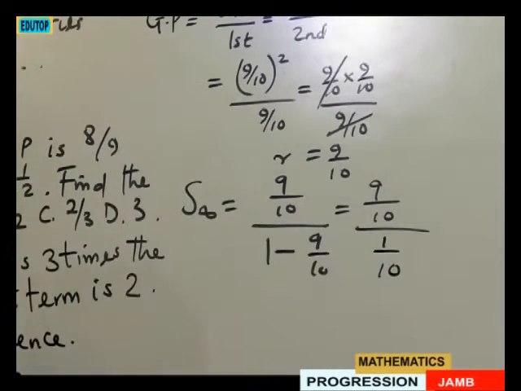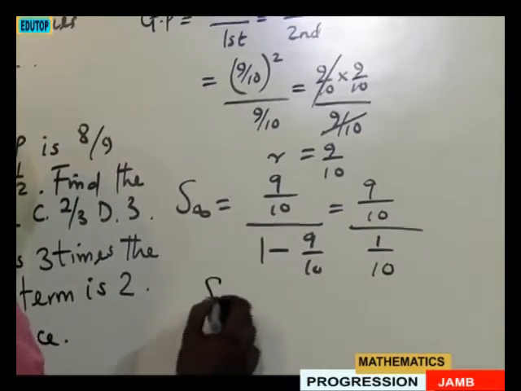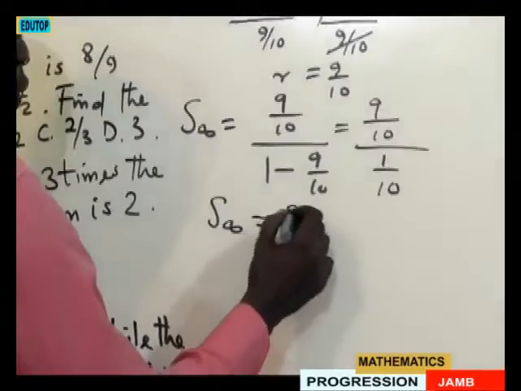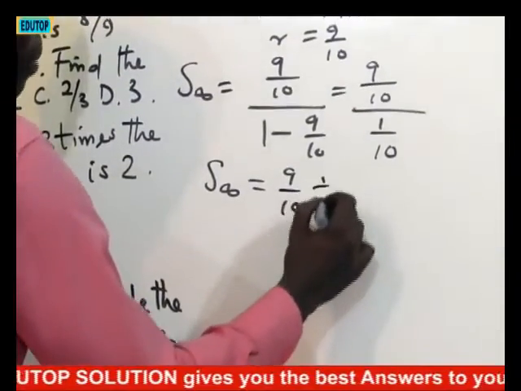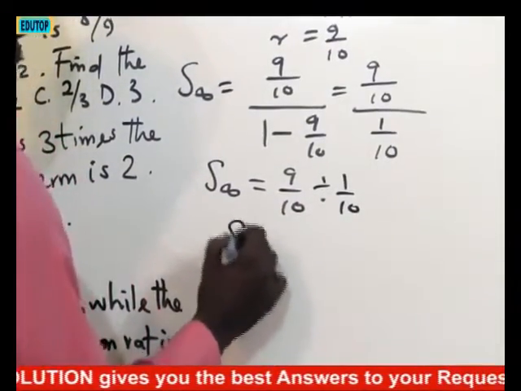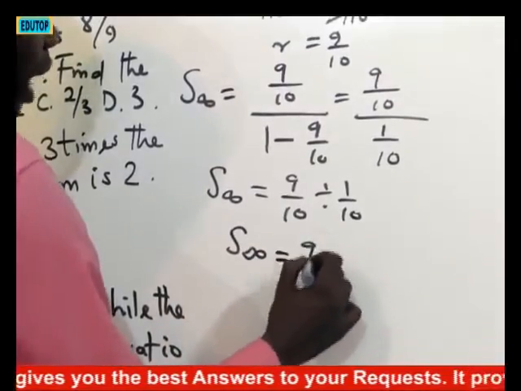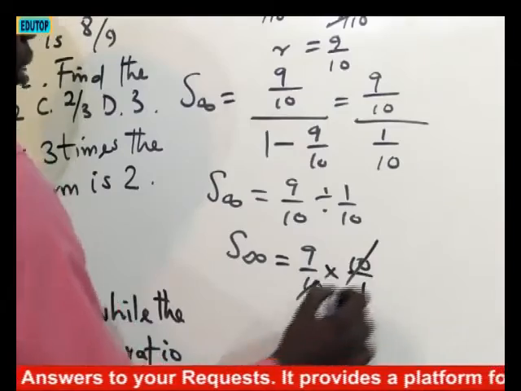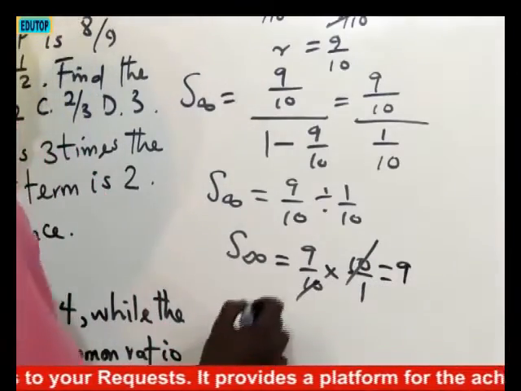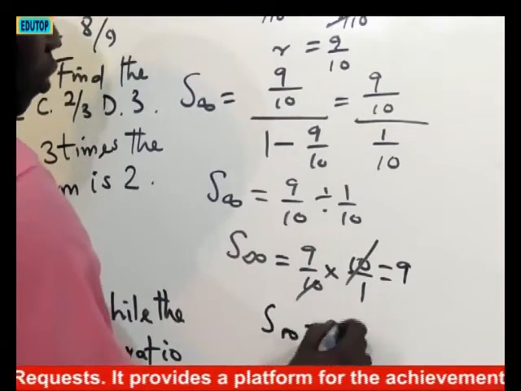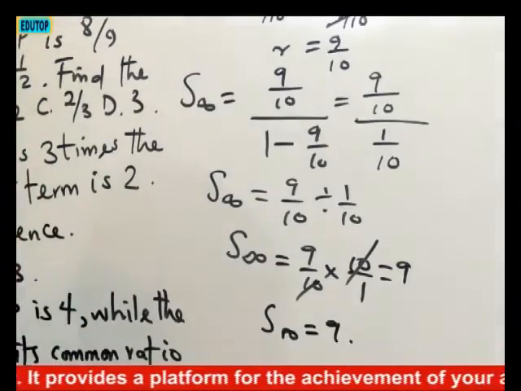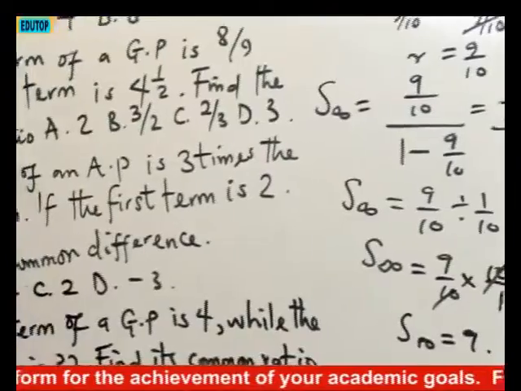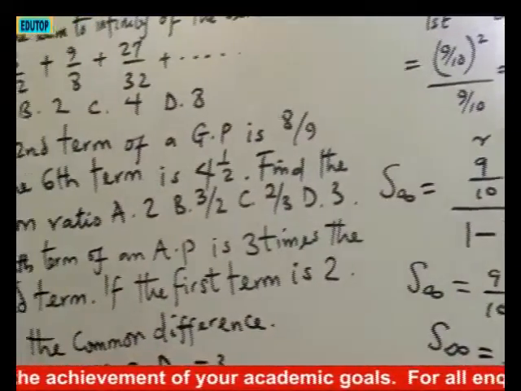So we are now left with sum to infinity as 9 over 10 divided by 1 over 10, which equals 9 over 10 times 10 over 1. This 10 can cancel this 10, and you will have 9. So the sum to infinity is equal to 9. We go to our options and click the right option, and that is option B. So the answer to that very first question is option B.